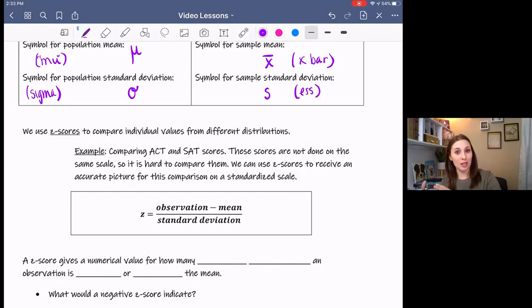And then if we take the SAT score and compare it to the population mean, we can see how far above or below that score is. And then with that number, the z-score, we can see, oh wow, this student was 3 standard deviations above the mean, or this student was 2 standard deviations below the mean. And that's, you know, when you compare the two, they're vastly different, and you could make your decision that way.